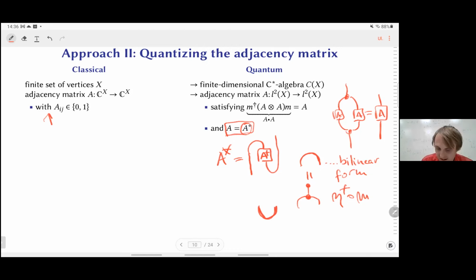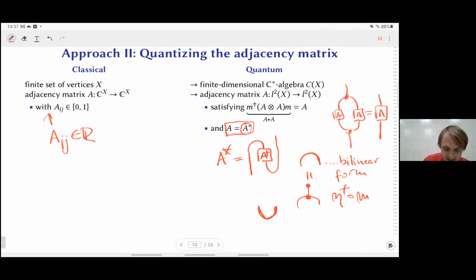and I agree that you can also define quantum graphs without this condition. It will become slightly more clear in a minute, but in general, the idea is basically that this corresponds to the condition that those elements of A_ij are real. So this star is like conjugating those elements of this adjacency matrix.